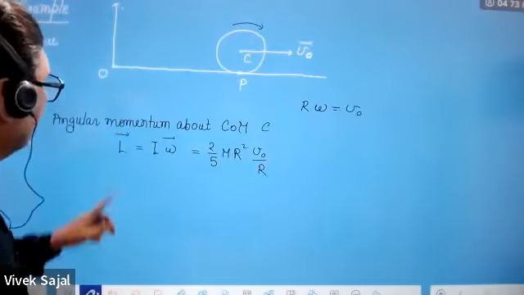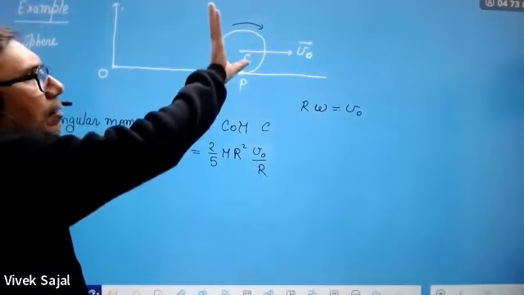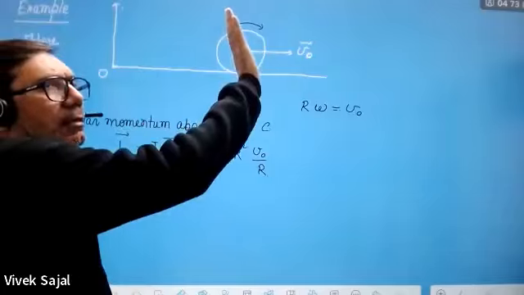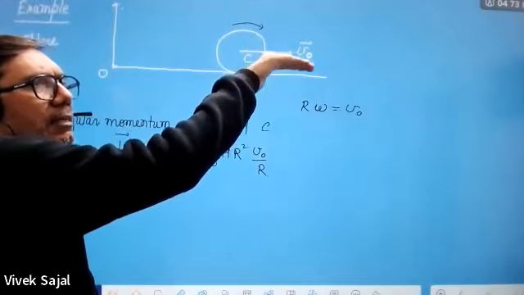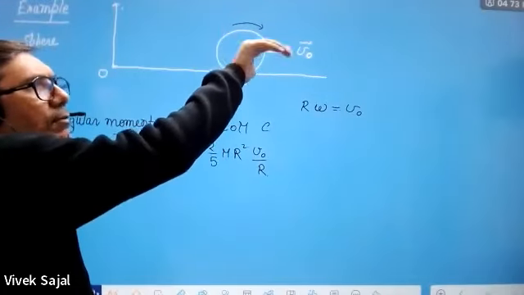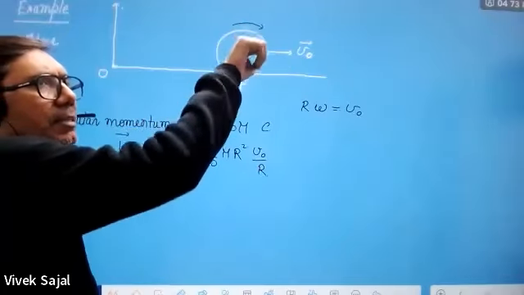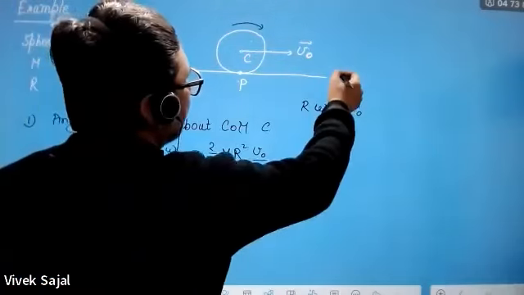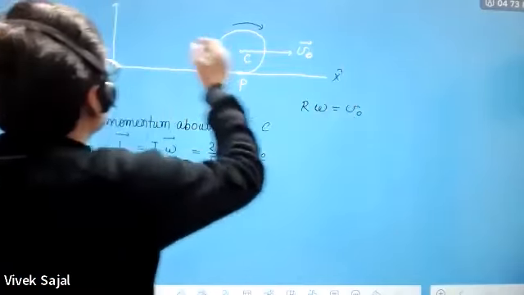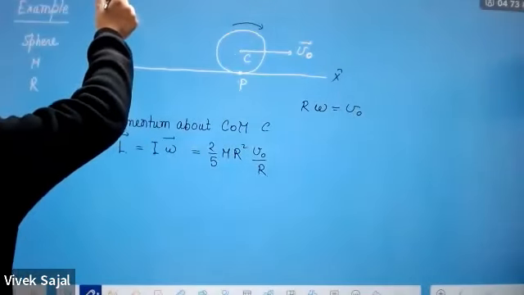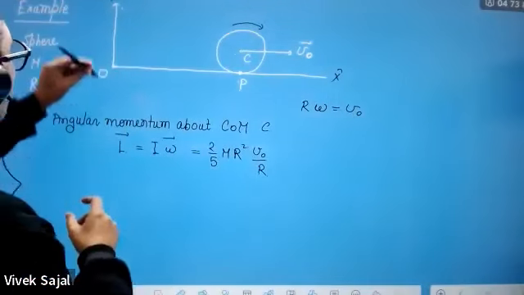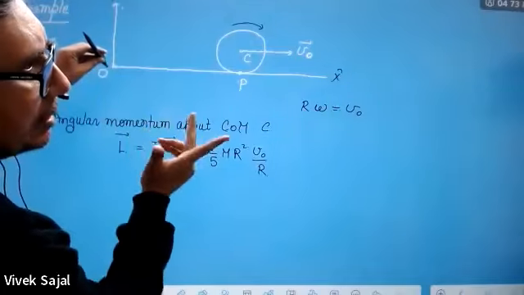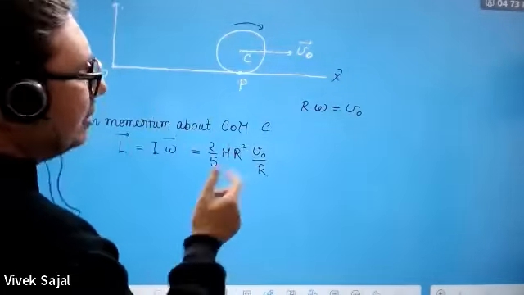What will be the direction of the angular momentum? You have to see in which direction the rolling motion is taking place. It is like this. You have to curl your finger like this. So it will be inward the board. If this is the x-axis, this is the y-axis, then the z-axis will be in the outward direction, a right-handed x, y, z system.